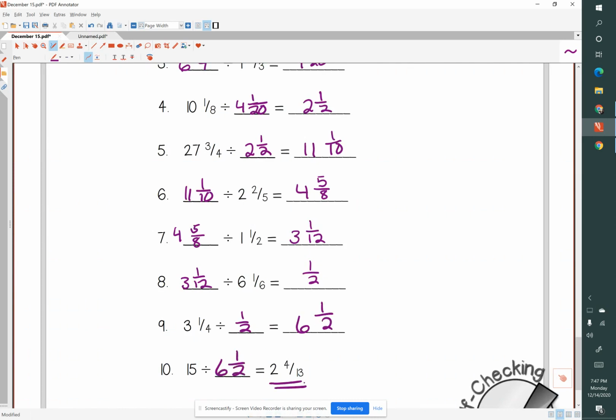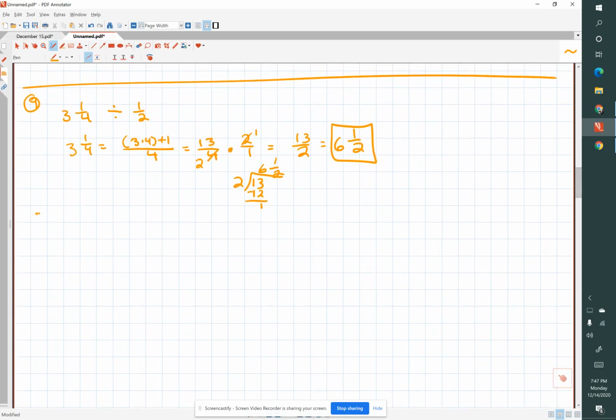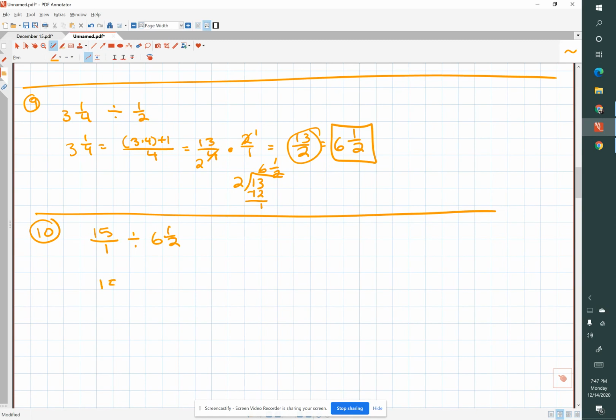All right, we're going to check this. We never trust, we always verify. So the 6 and 1/2 we know is the same as 13 halves. So we're just going to do 15, which we will put over a 1, divided by 6 and 1/2. That would be 15 over 1 multiplied, instead of 13 halves, 2 over 13. 15 times 2 is 30 over 13.